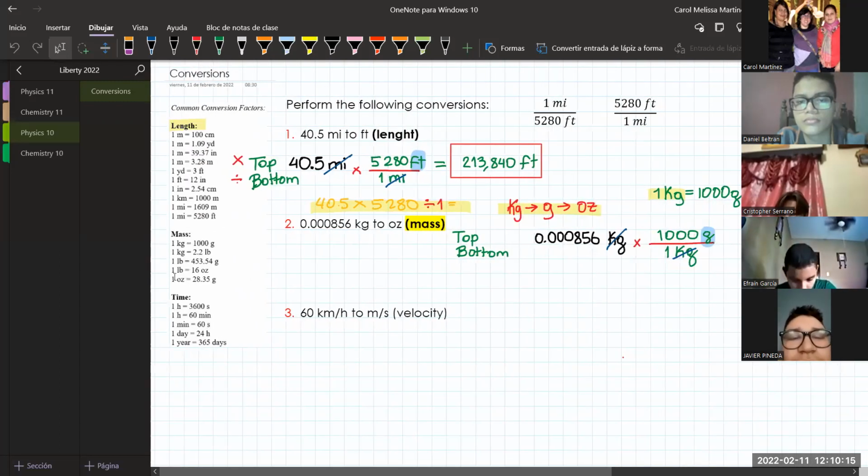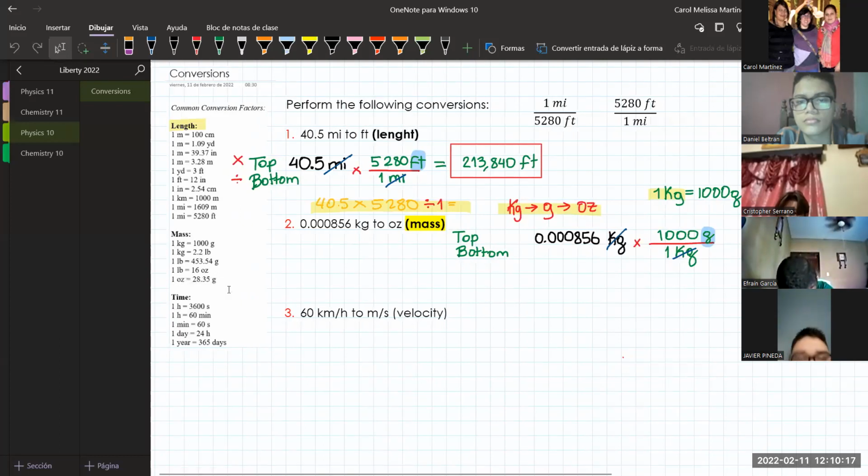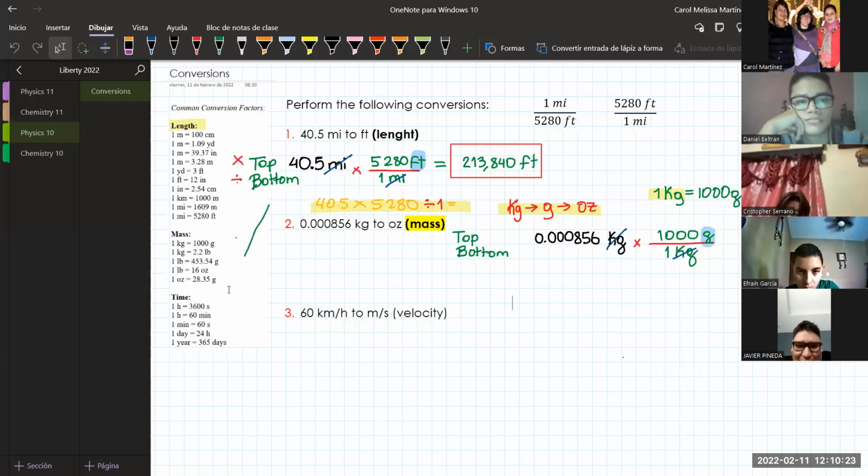Okay, yes, here you can see it. 1 ounce equal to 28.35 grams. Sorry, all this mess is because of that. So these are the two conversion factors that I'm using, from kilograms to grams and from grams to ounces.